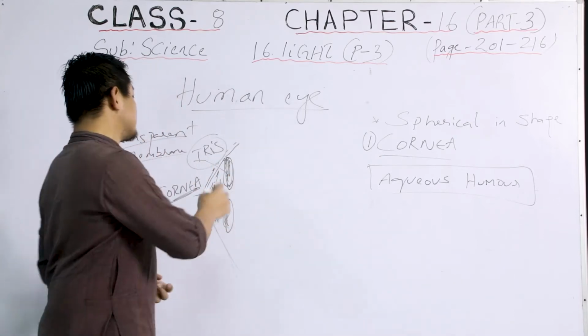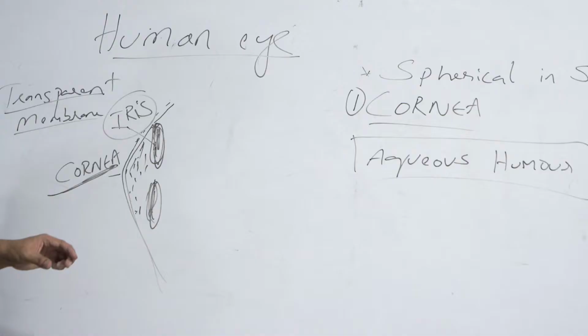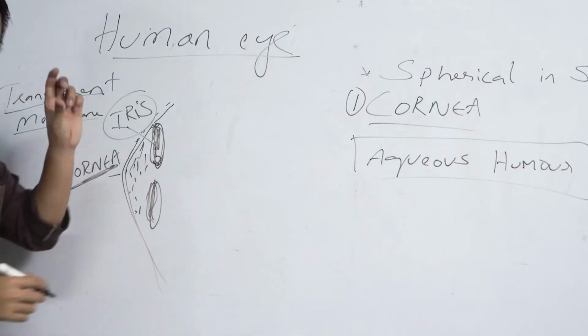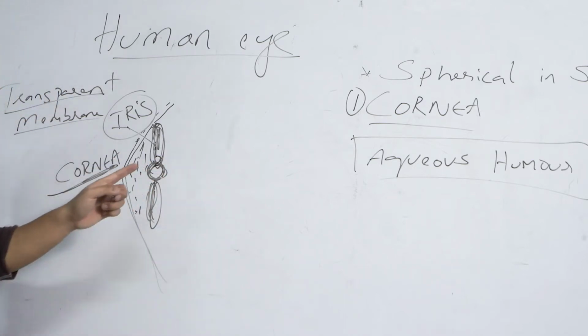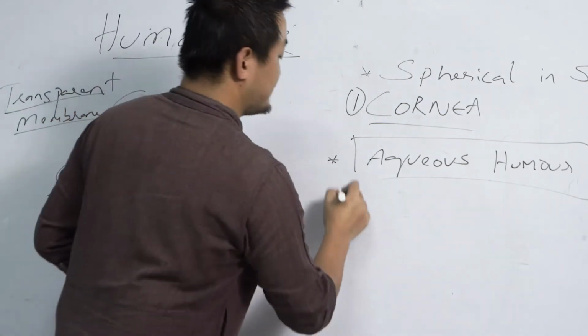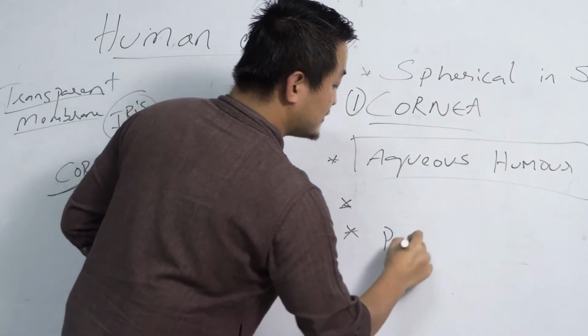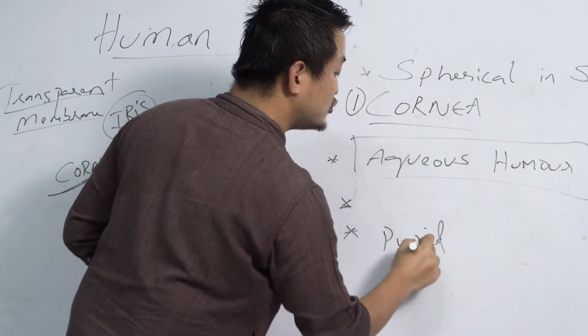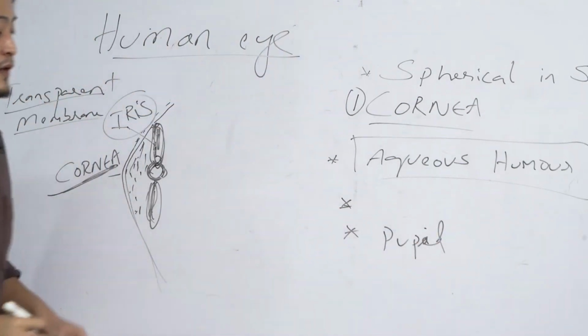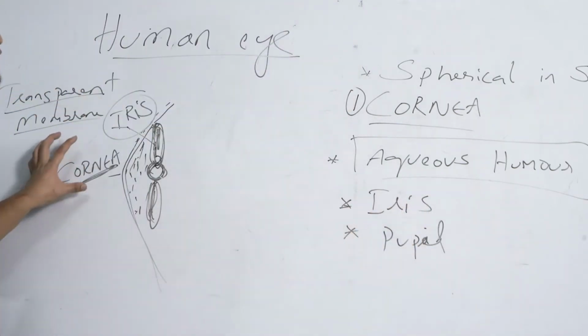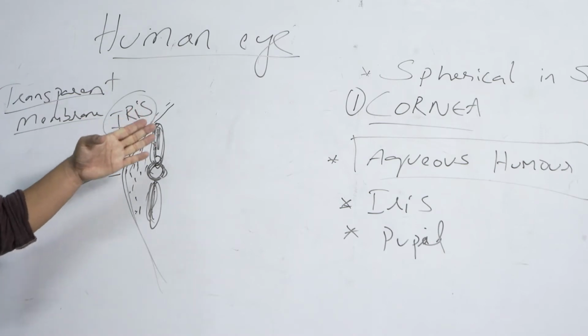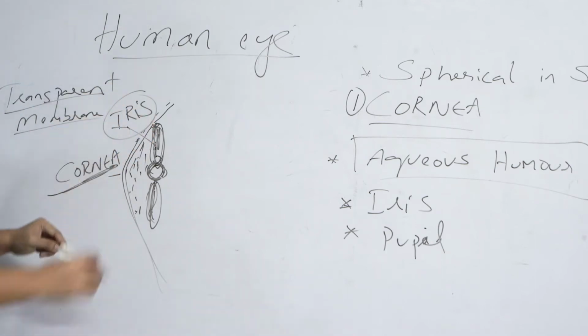Clear? Now this is the iris, and just here in between, there is a small opening, and that is known as the pupil, P-U-P-I-L. So behind the cornea, there is an iris.